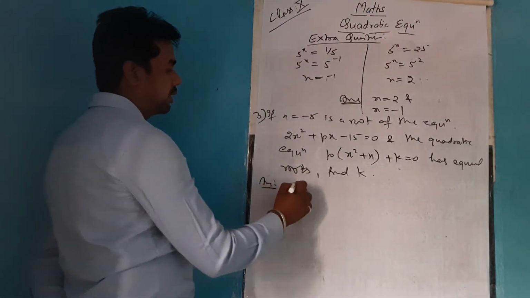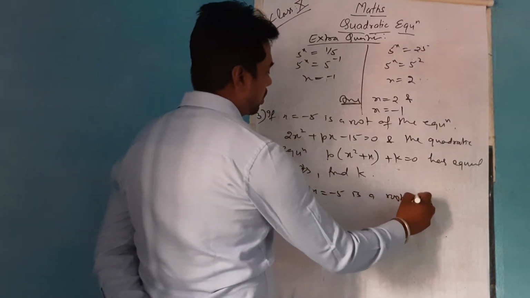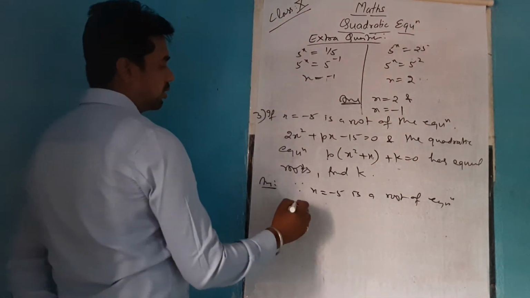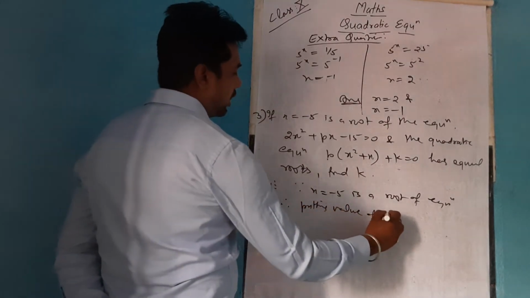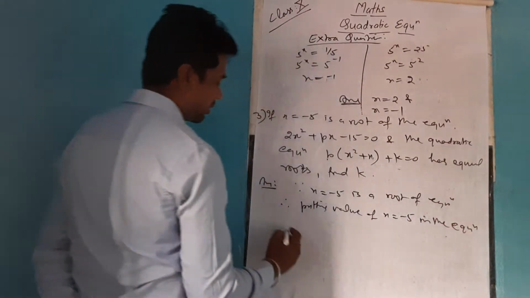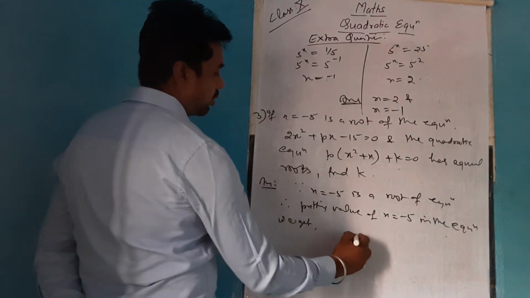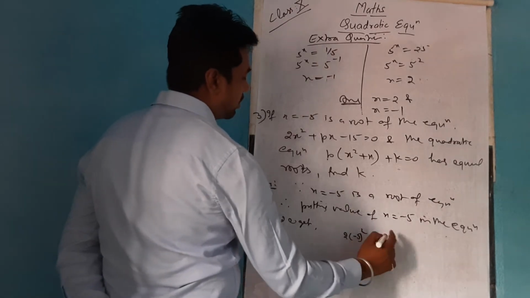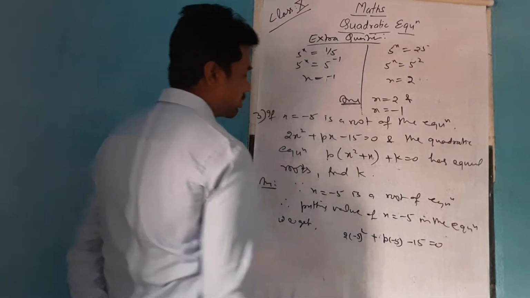So your solution will be: since x = -5 is a root of the equation, therefore putting the value of x = -5 in the equation, we get 2 × (-5)² + p × (-5) - 15 = 0.